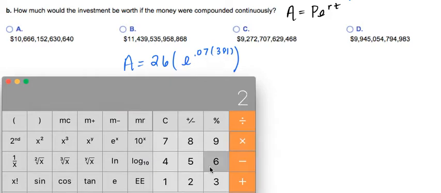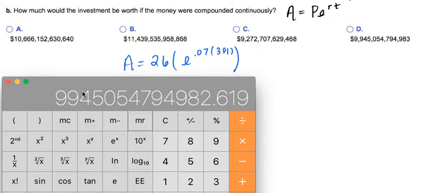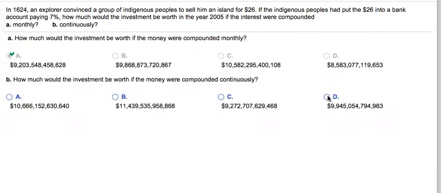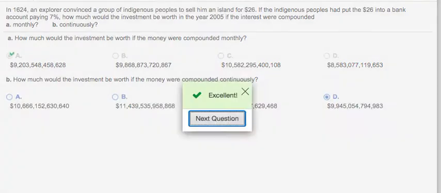And we'll multiply times 26 to get, let's see, I think we were in trillions, 945 million. Looks like we're on this one. It looks like this one actually comes out exactly with the calculator, no issues there. So, part D on this one. And there we have it.